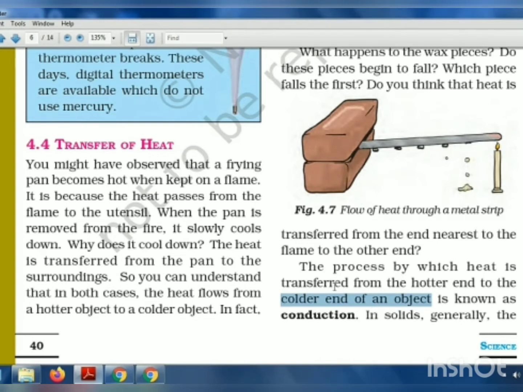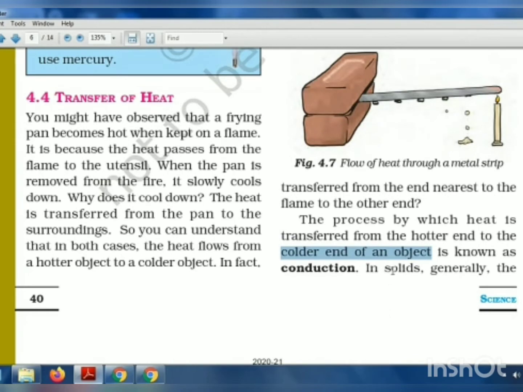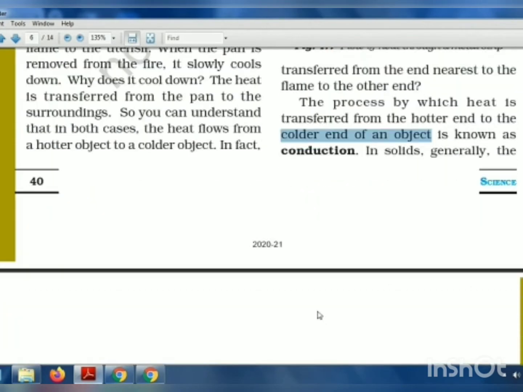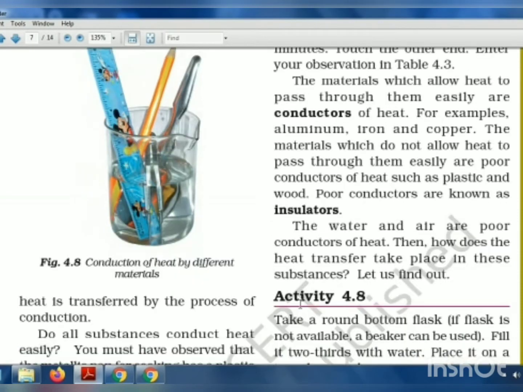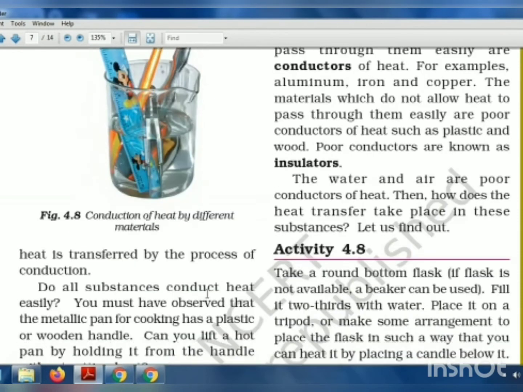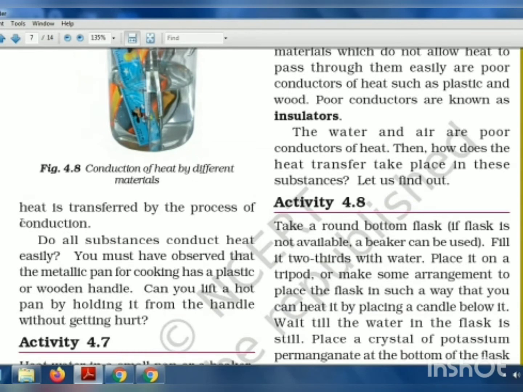So what is conduction? It is the process of transfer of heat from the hotter end to the colder end of an object. Up till now we saw solid objects, right? In solid objects, heat is transferred by the process of conduction. Now, do all substances conduct heat easily?